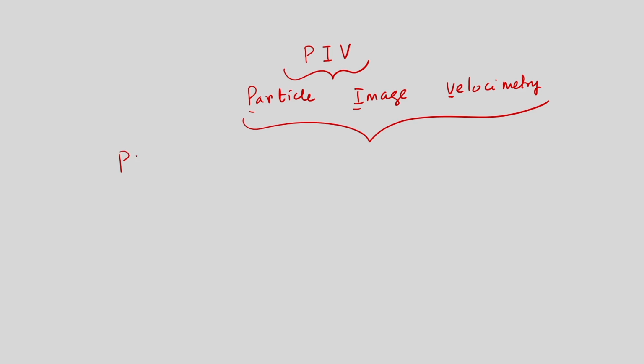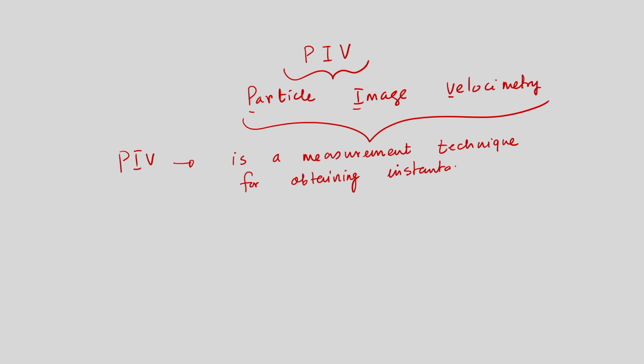So, basically this PIV is a measurement technique for obtaining instantaneous whole field velocities.